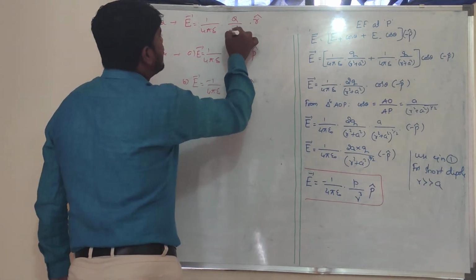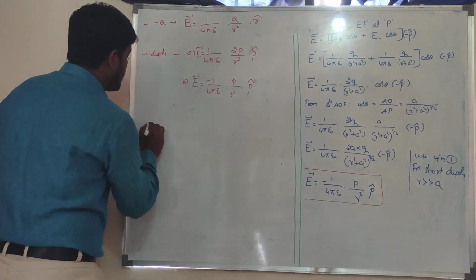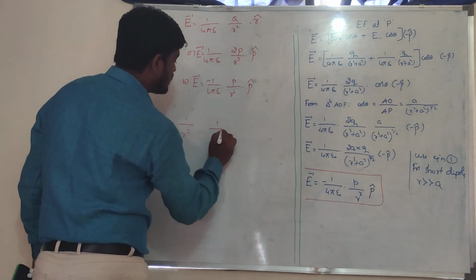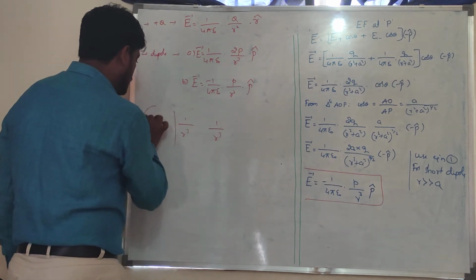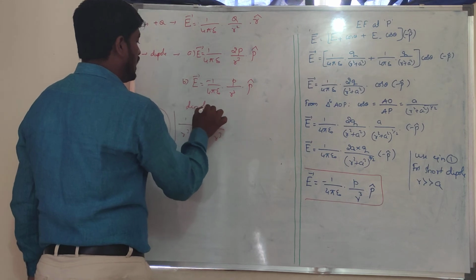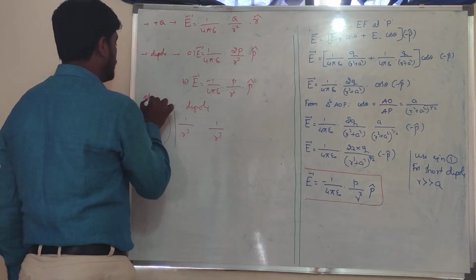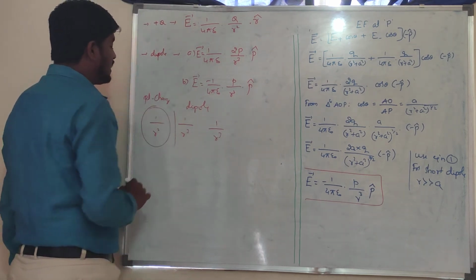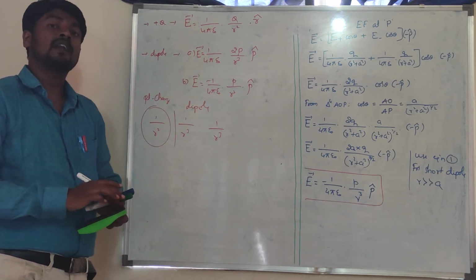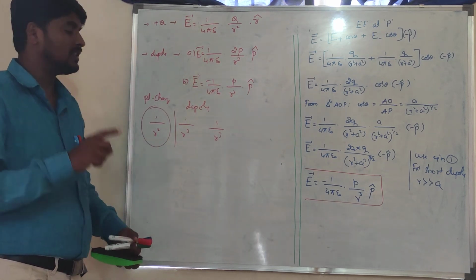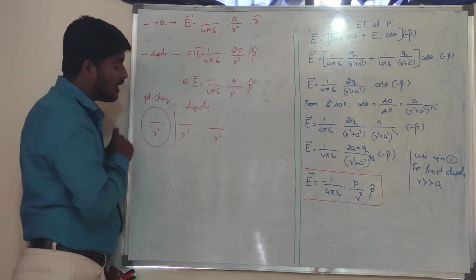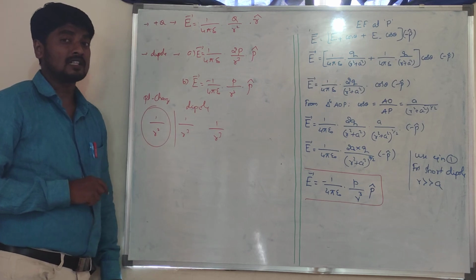But if you look at the denominator, in the first case it is 1 by r square, the second case is 1 by r cube, and the third case also 1 by r cube. So this is one part, this is another part. This is about the dipole and this is about a point charge. If you want to calculate the electric field at a distance r from a point charge, the electric field is inversely proportional to the square of the distance between them.